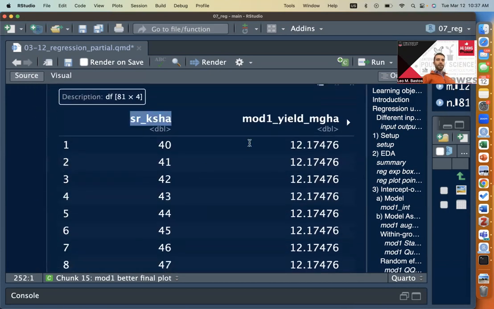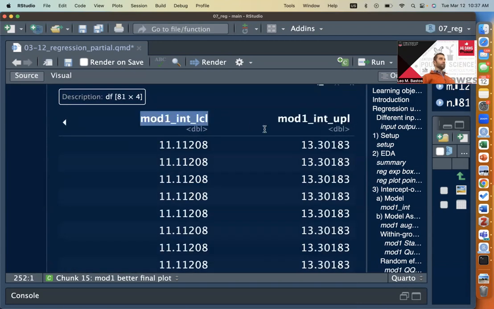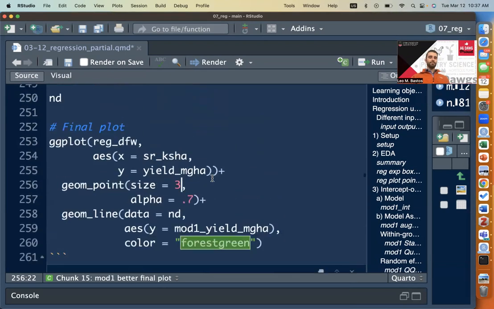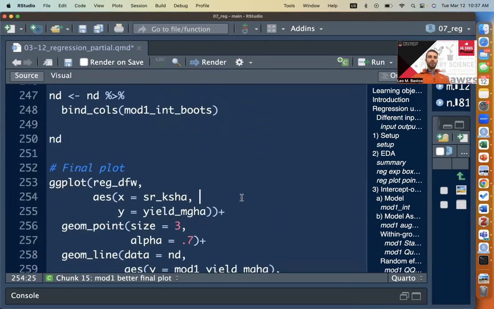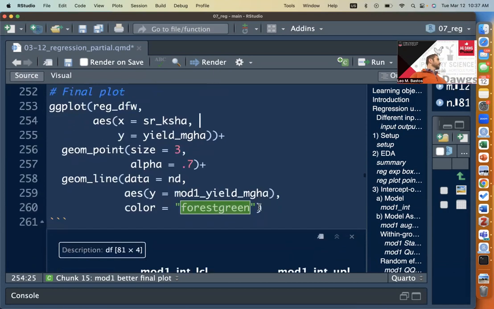Now we have seeding rate, we have mod 1 yield, mod 1 lower confidence level, mod 1 upper confidence level. So now I can use all these three columns to create the regression line and the bands, the error bands around them, which we're going to do here next on this final plot.